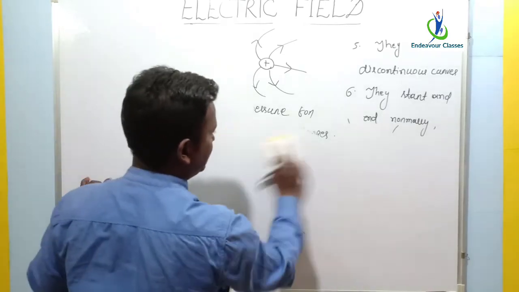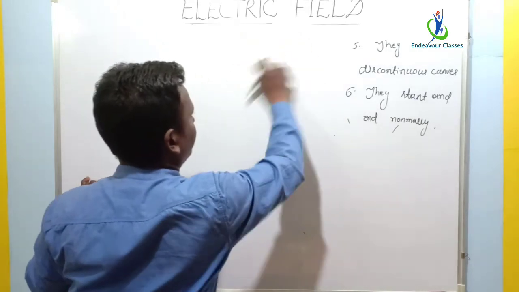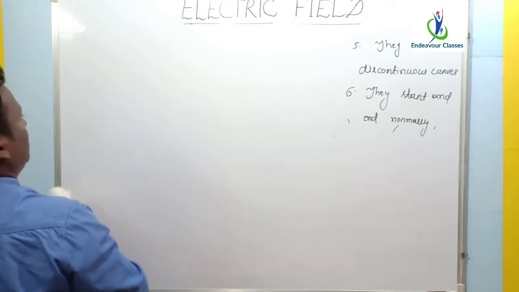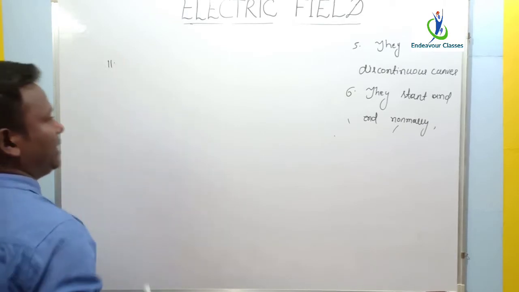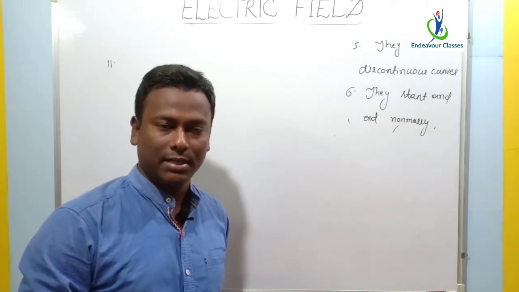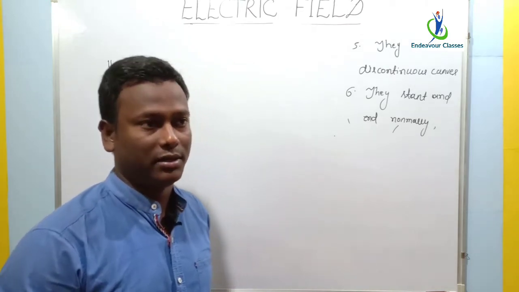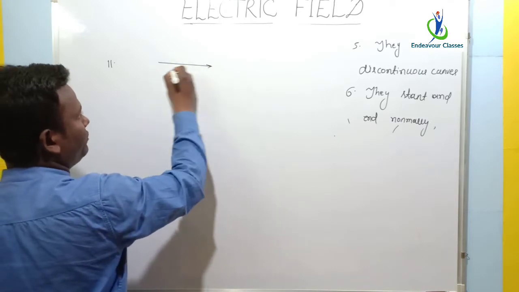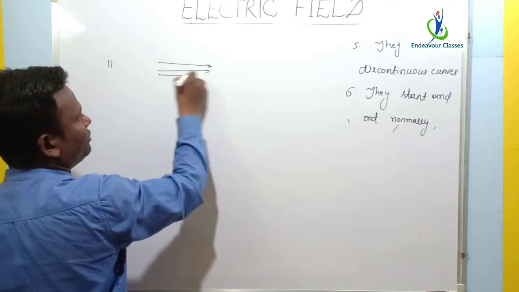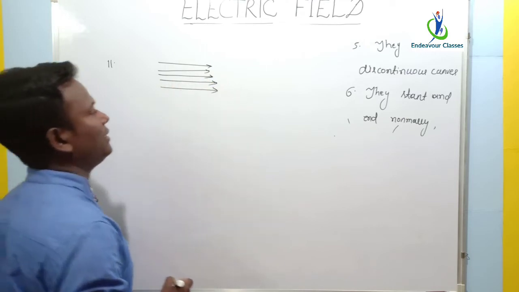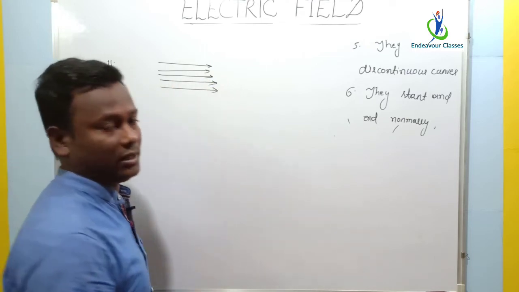Now the next point, number 11, is the distance between the lines of force. They indicate the strength of the field. If at a certain area the lines of force are closer, then it indicates a stronger field.